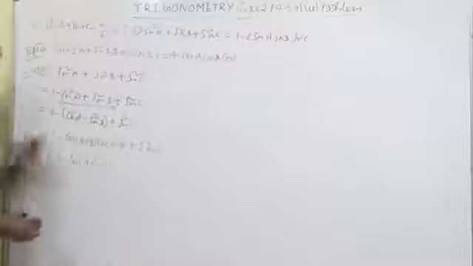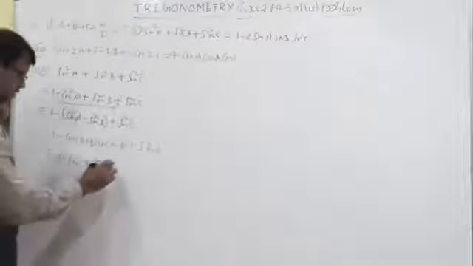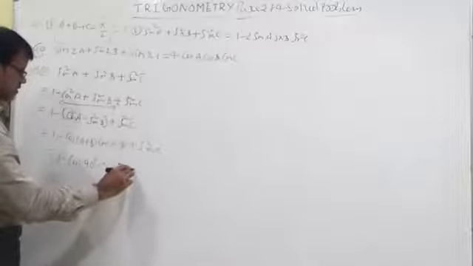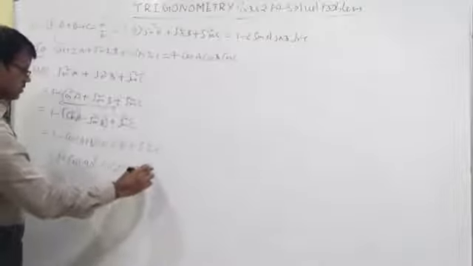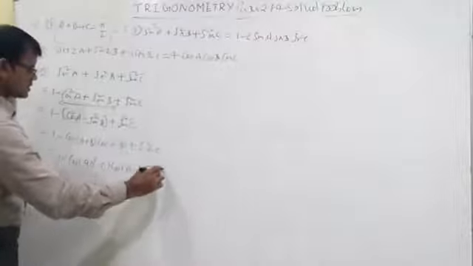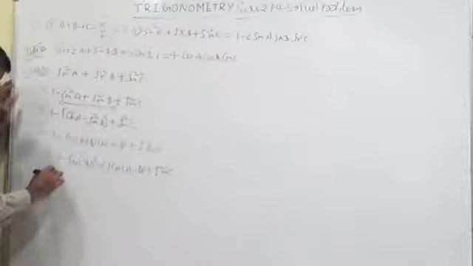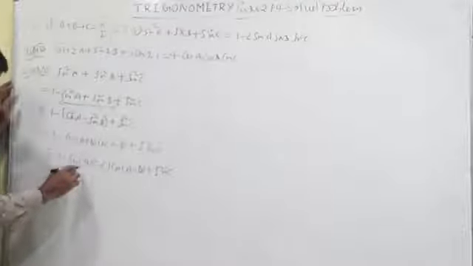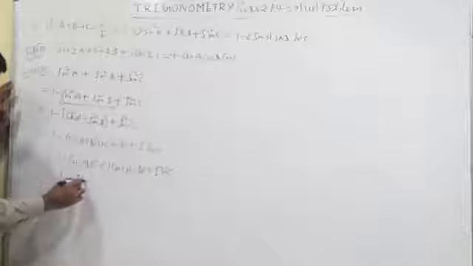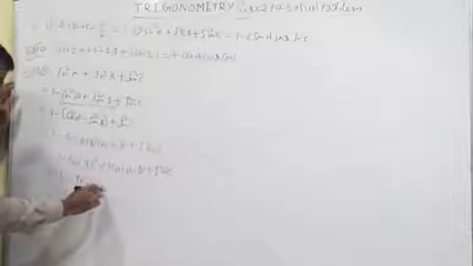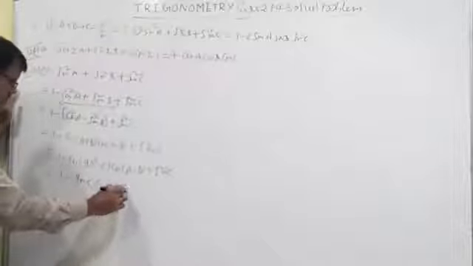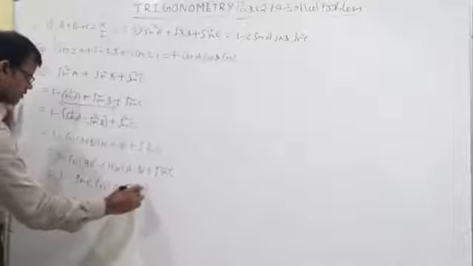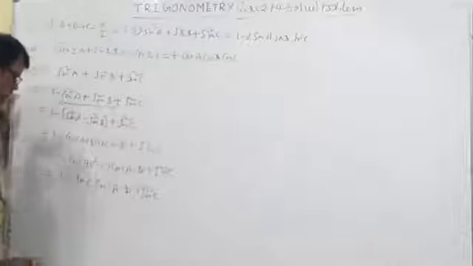Instead of A plus B you can apply 90 minus C: cos of 90 minus C into cos of A minus B plus sin square C. That is equal to 1 minus, cos 90 minus theta becomes sin theta. So 1 minus sin C into cos of A minus B plus sin square C.